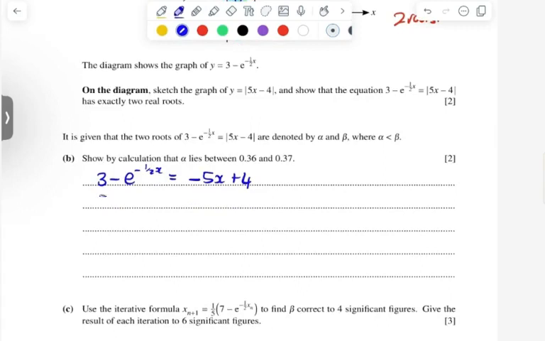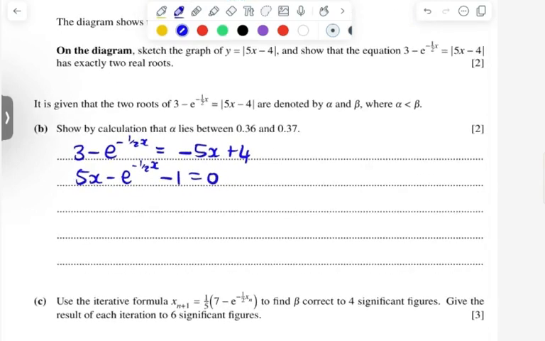So I'm going to get all my terms to one side. Let's just say 5x minus e to the x plus 4 minus 4. You could take it to either side and put it in any order, so long as you've got your signs right. And I'm going to plug in 0.36.